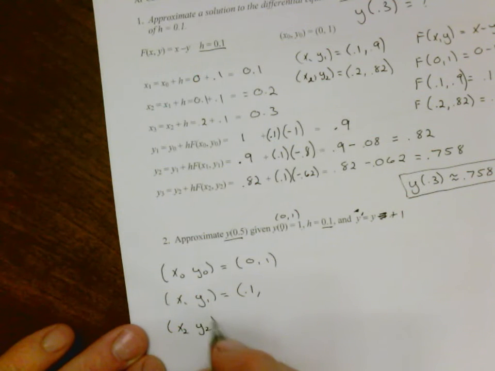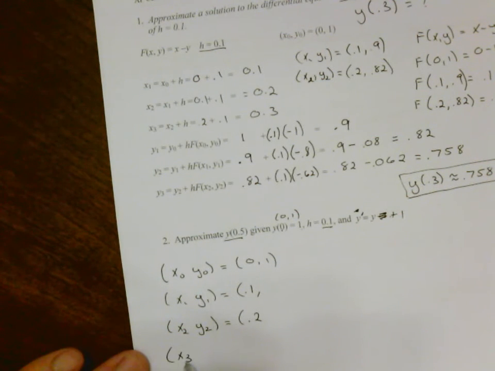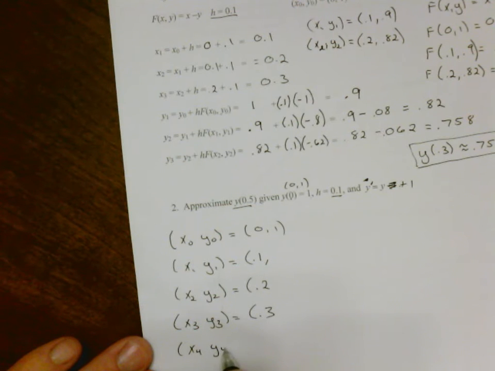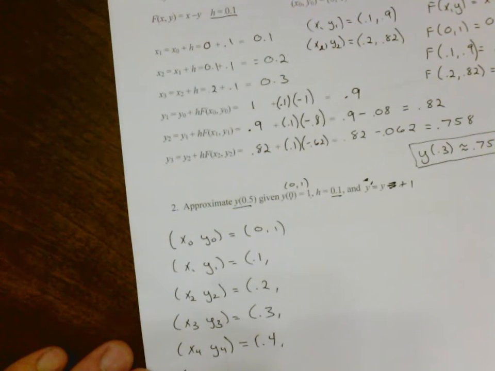x2, y2 is going to be equal to 0.2. x3, y3 is going to be equal to 0.3. You have x4, y4, and that's going to be equal to 0.4. I still have to put in the y values. And then x5, y5, that's going to be equal to 0.5.